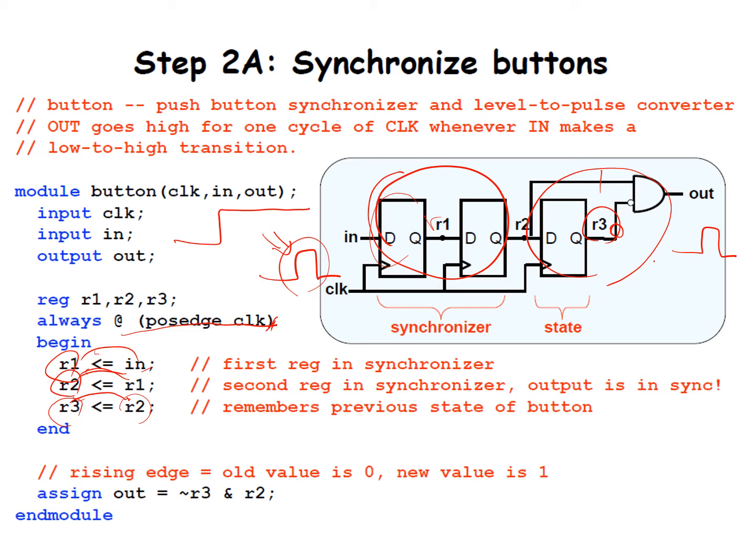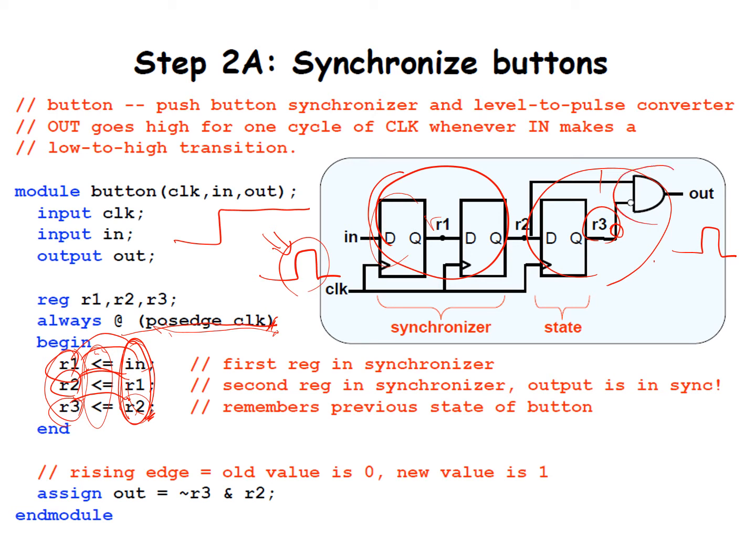For this kind of non-blocking assignment, we first evaluate the right hand side, and then at the end we assign those values onto the left, right? So this is rising edge. This action happens when the positive rising edge of the clock happens.